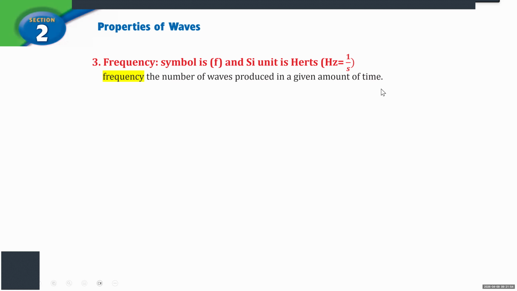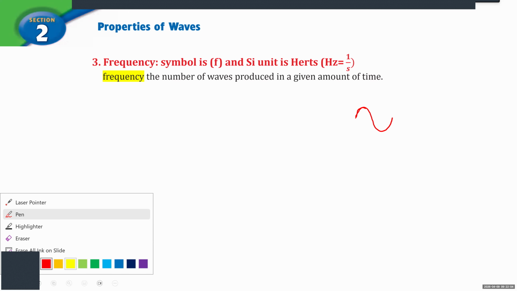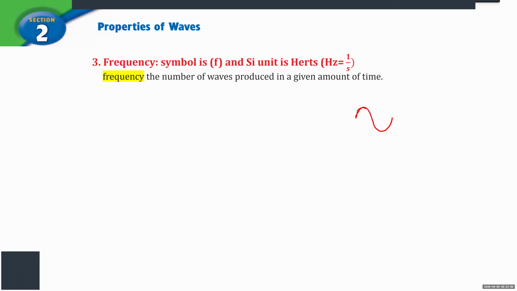For the wave, this is called in the wave's property one cycle or one wave. This is called one cycle or one wave.